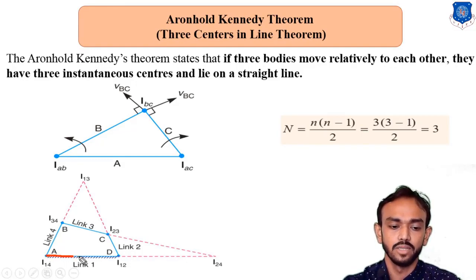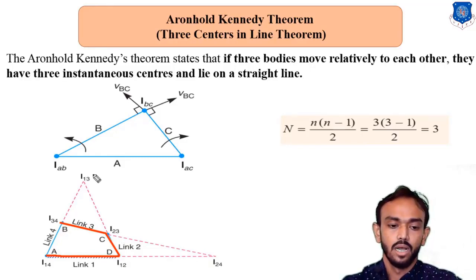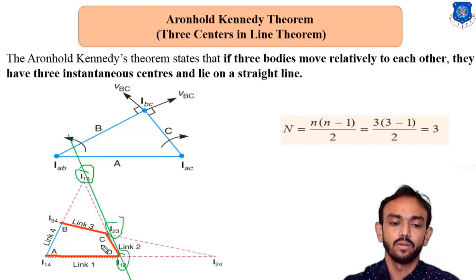If you check a mechanism like this, consider link number 1, link number 2 and link number 3. The I centers will be in a straight line. You can check here: this is I13, I23 and I12. For these three links, the three I centers will be on a straight line.